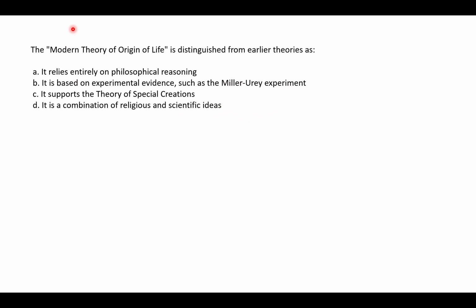The next one. The modern theory of origin of life is distinguished from the earlier theories as it relies entirely on philosophical reasoning, or it is based on experimental evidence given by the Miller-Urey experiment, or it supports the theory of special creation, or it is a combination of religious and scientific ideas. Which one is correct?